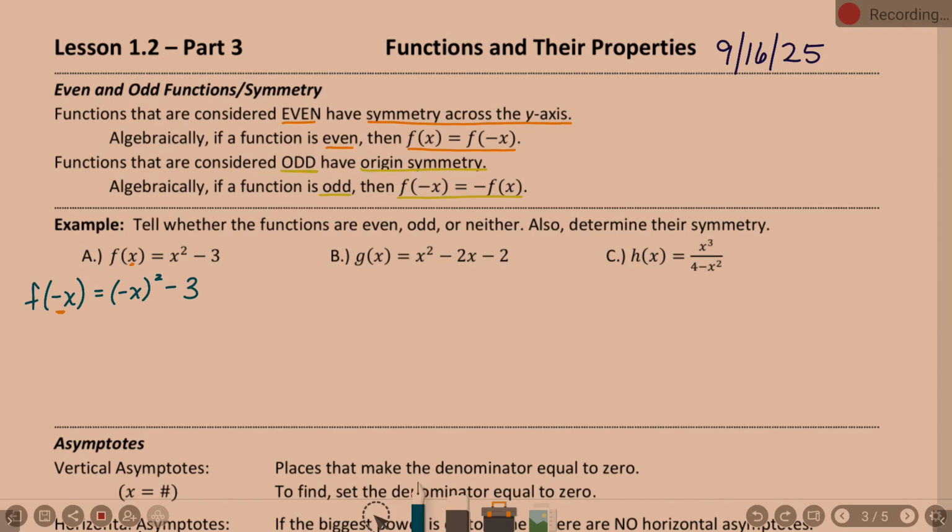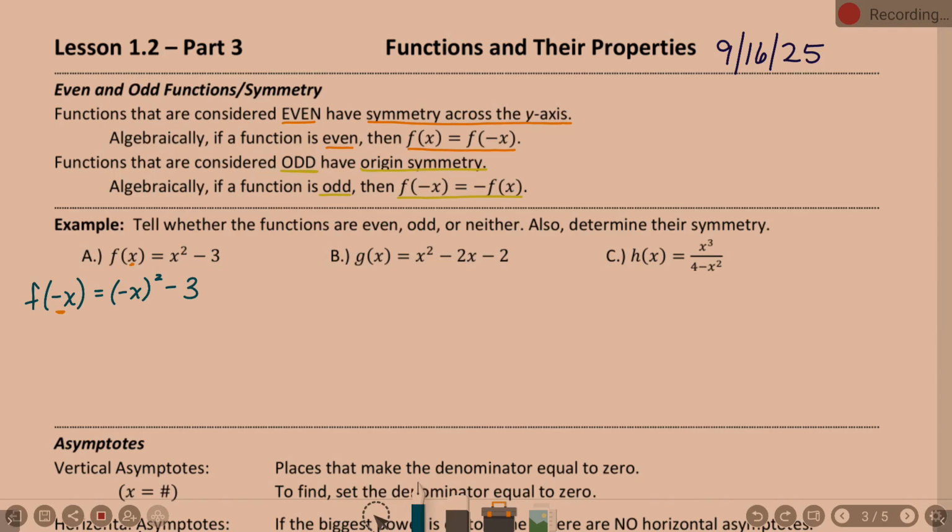What is negative x raised to the second? Just x. Well, x squared. A negative x times negative x becomes a positive x squared, yes?